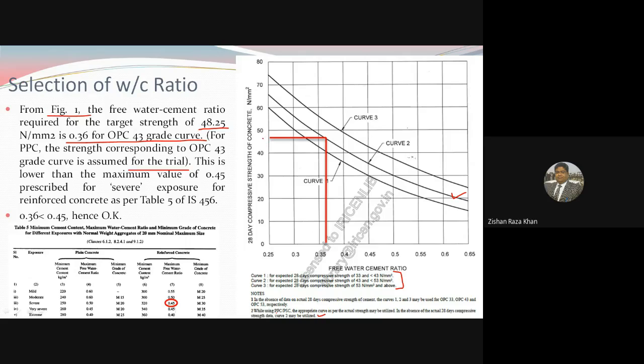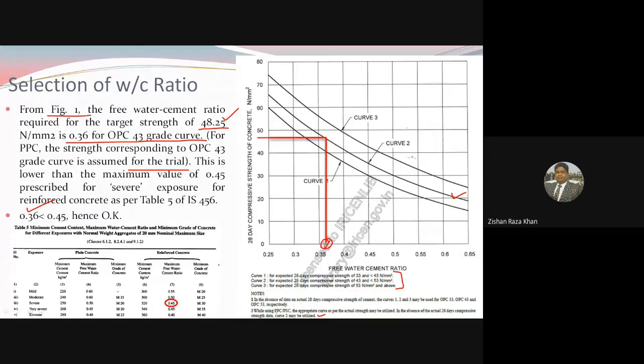The target strength is nearly 48.25, and by reading curve number 2, we found this ratio to be nearly 0.36. So 0.36 is adopted.